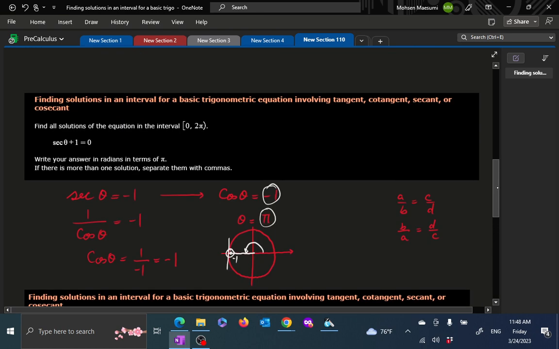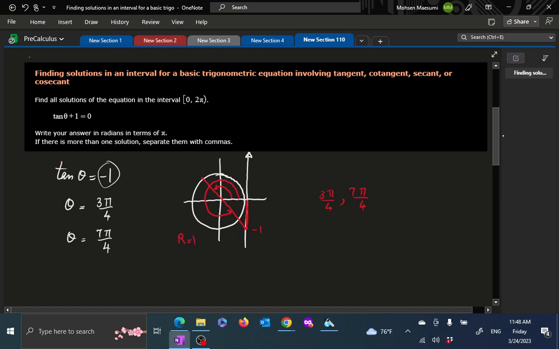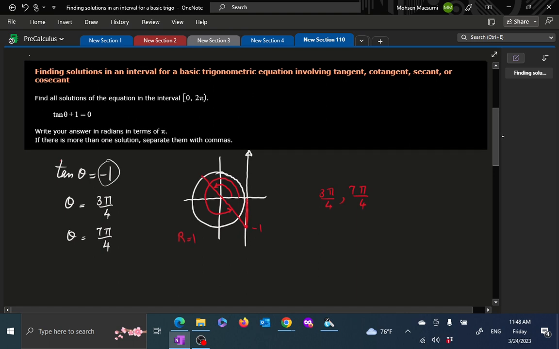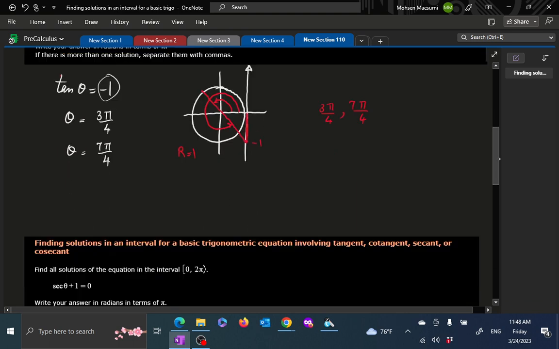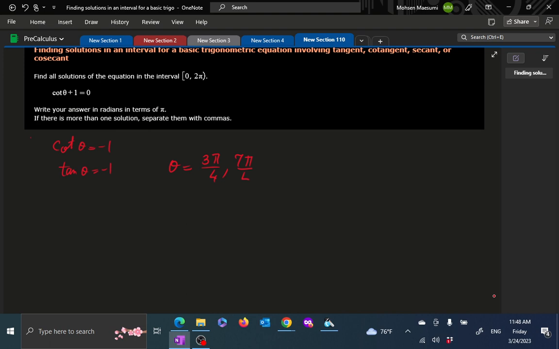This looks like the problem we just did. Yes, that is the same as this problem. Now we have the tangent and we have the answer to that problem, so we can quickly say 3 pi over 4 and 7 pi over 4, and that concludes our attempt at this.